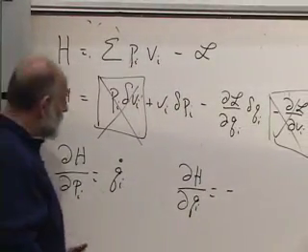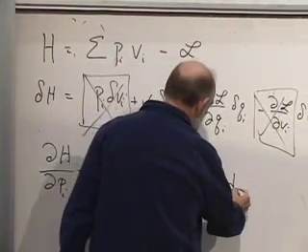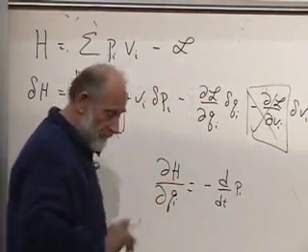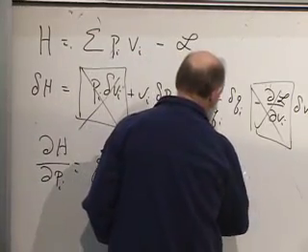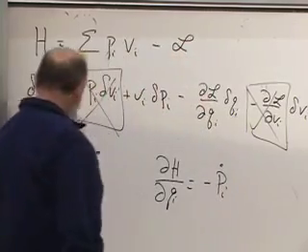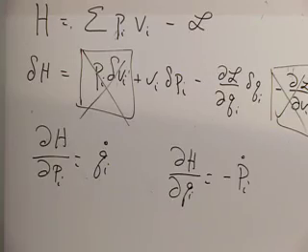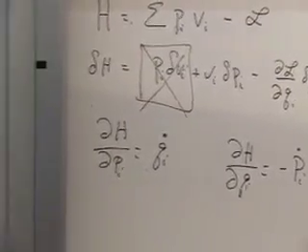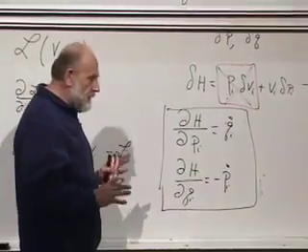The derivative of L with respect to q sub i is d by dt of p sub i, that's Lagrange's equation, so it's just minus p dot. So we see that mechanics, in great generality, gets repackaged as a system of first-order equations of very great simplicity.